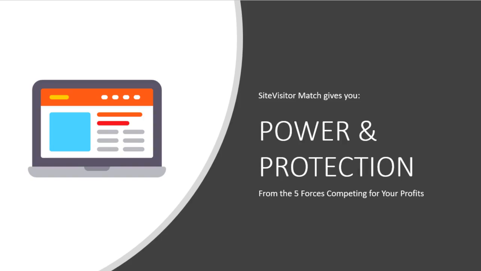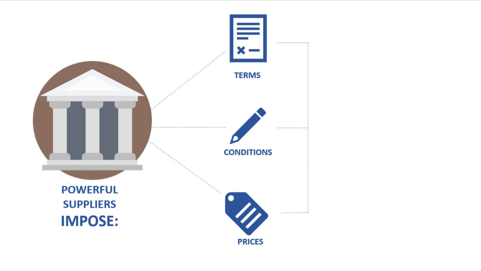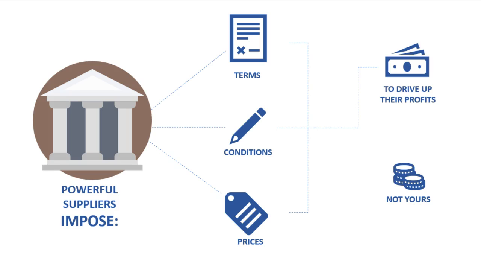Because what SiteVisitor Match gives you is power and protection. Power over and protection from the 5 forces that you and every company on earth competes with for profits. We mentioned one of those forces before: powerful suppliers. Ad platforms who impose terms, conditions, and prices on you that are designed to drive up their profits, not yours.